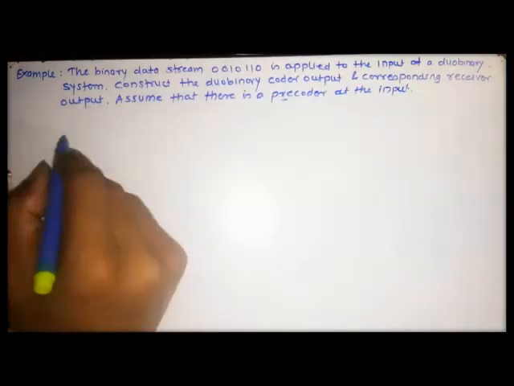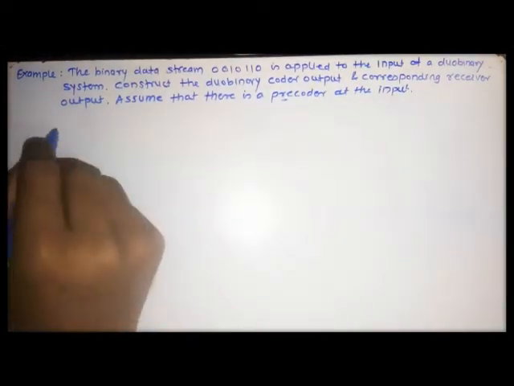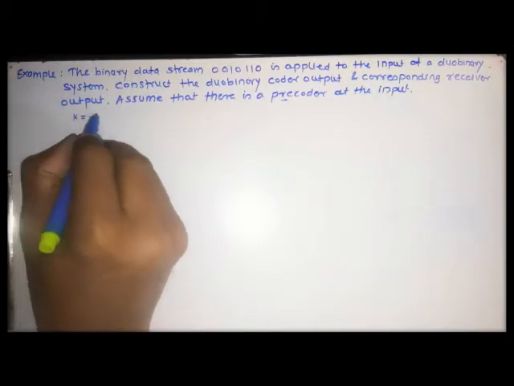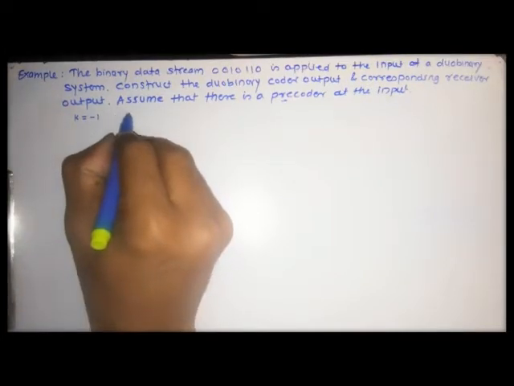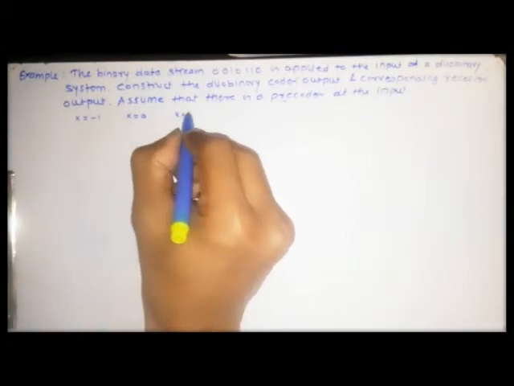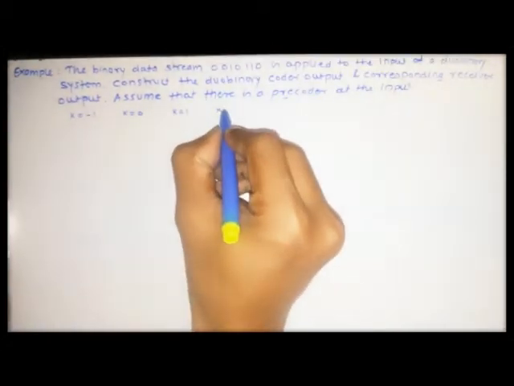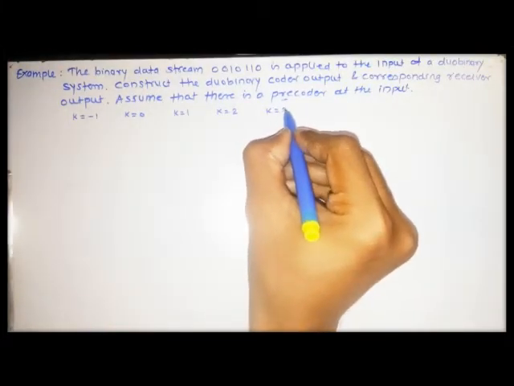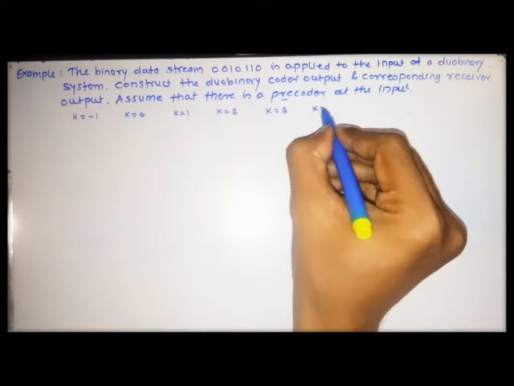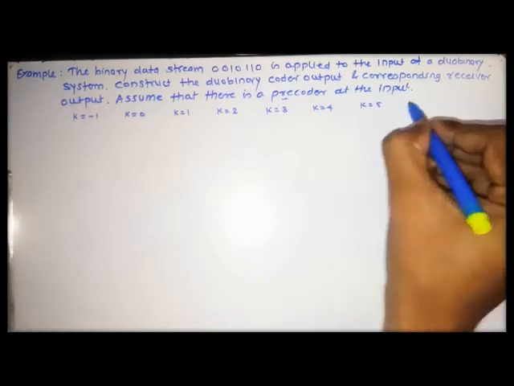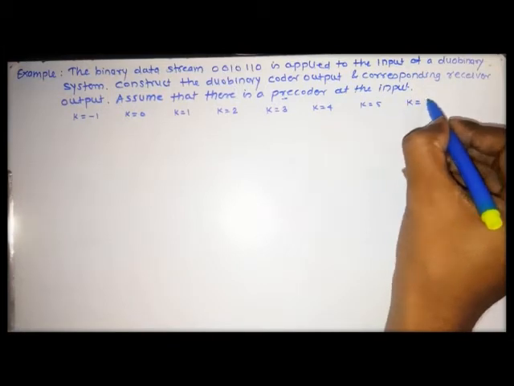Now first we write here k equals -1, k equals 0, k equals 1, k equals 2, k equals 3, k equals 4, k equals 5, and k equals 6.